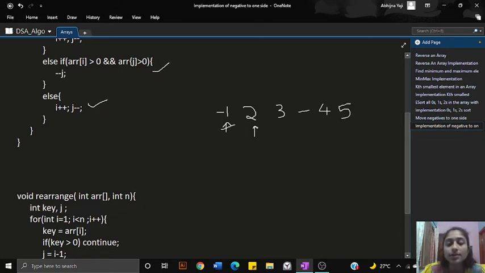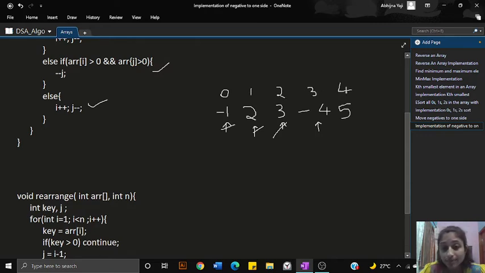I see a positive number. Okay, now I won't do anything. Let me find the negative number I have to fill in this position. Okay, how will I do that? Till I get a positive, let me just keep moving on. Okay, now I got a negative. This is the first negative I've come across after seeing a positive. So it means that at this position, let me name the indices as 0, 1, 2, 3 and 4.